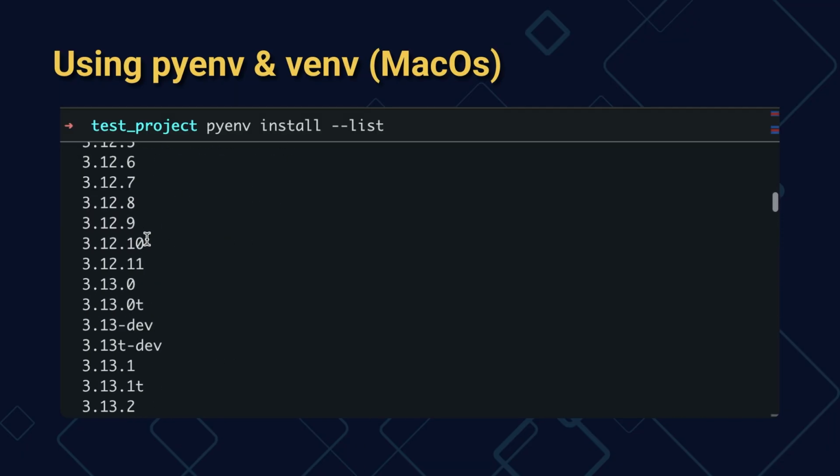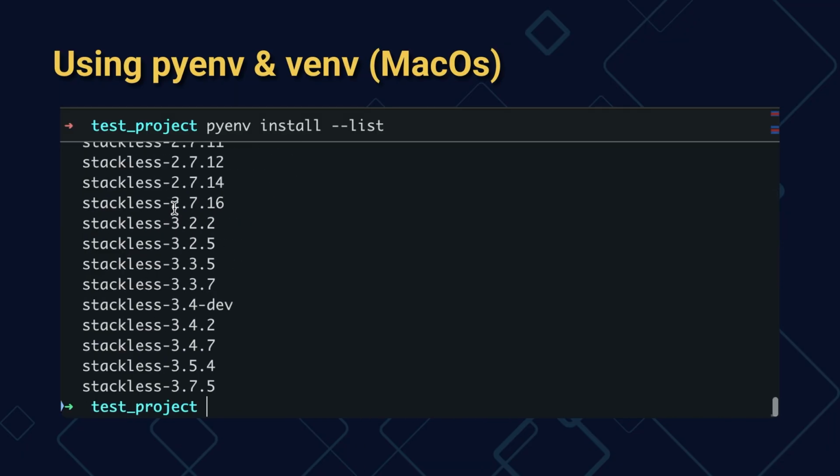What you need is here, and to install you just write pyenv install and that version. When you enter, it starts downloading and installing for you. It takes a couple of minutes and you're good to go.